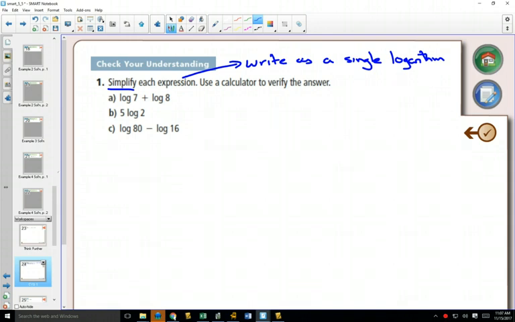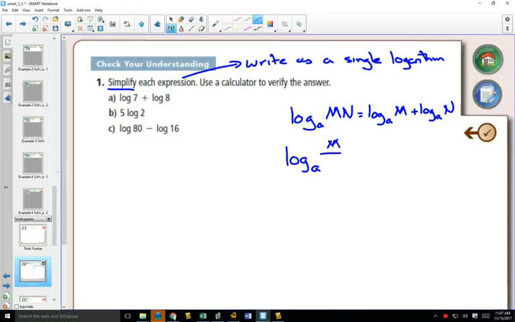So in each of these, we want to take our formulas, and I'll write them out here so that you can see them again. We've got our formula that says, and I'll write it the same way as on your formula sheet: if you multiply inside of a logarithm, you can add. If you divide inside of a logarithm, you can subtract.